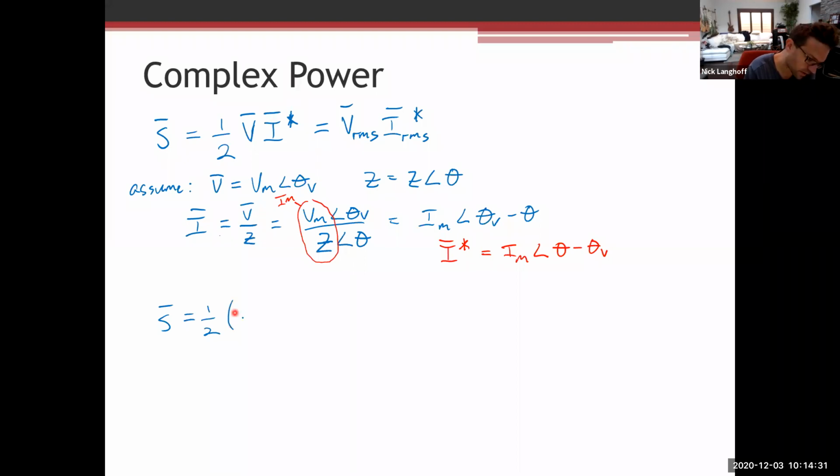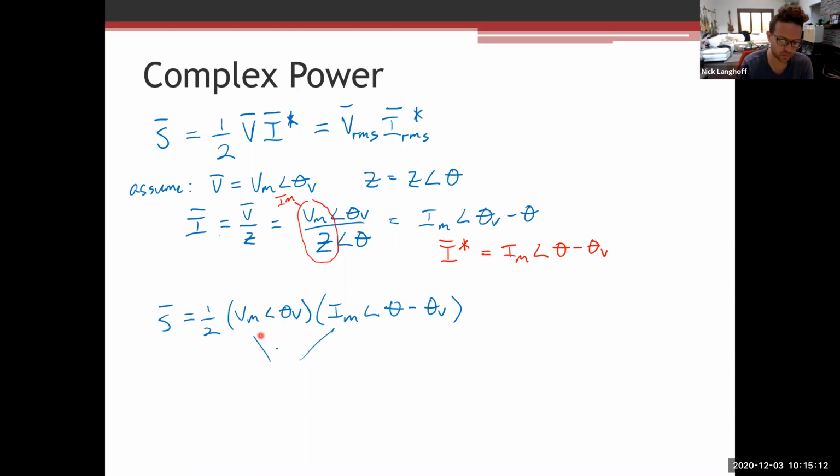So here's V max at a phase angle of theta V times I max, and this is the phasor I conjugate, so this is I max at a phase angle of theta minus theta V. And you'll recall from the way phasor multiplication works that if you have two phasors multiplied by one another, the product is a new phasor.